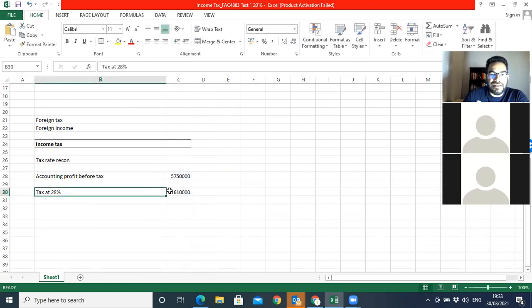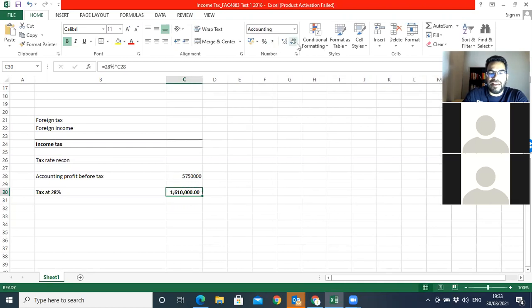This is the tax that accountants are expecting based on their profit before tax. We need to explain the difference between this number highlighted in yellow and the other number highlighted in yellow. The tax rate recon explains what causes the difference between that 1.6 million and the income tax that we actually have. Just take note of that.